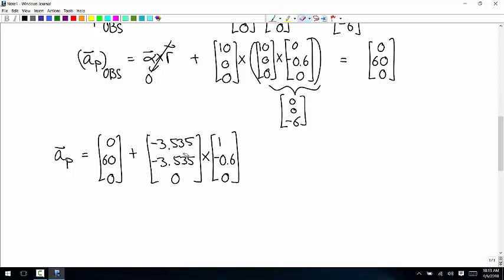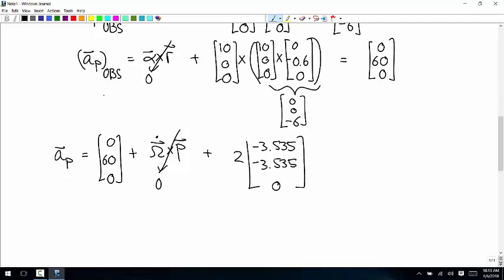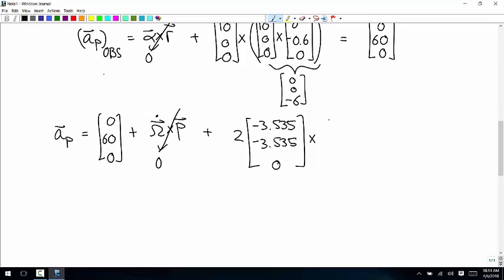Oh, so omega dot, sorry, omega dot crossed with P, this goes away. And then plus 2 times this one, negative 3.535, negative 3.535, crossed with the observed velocity that we just calculated, 0, 0, negative 6.